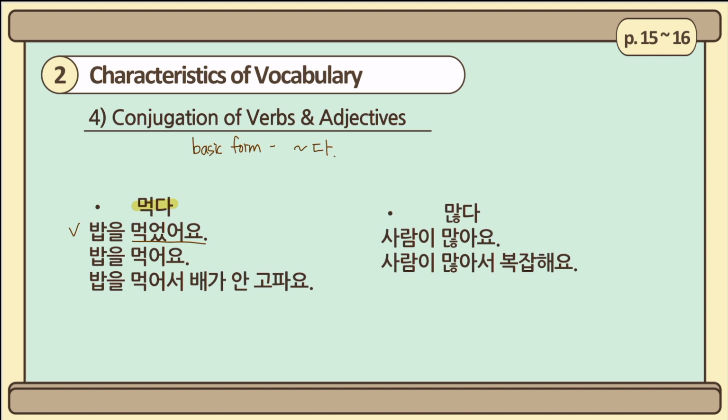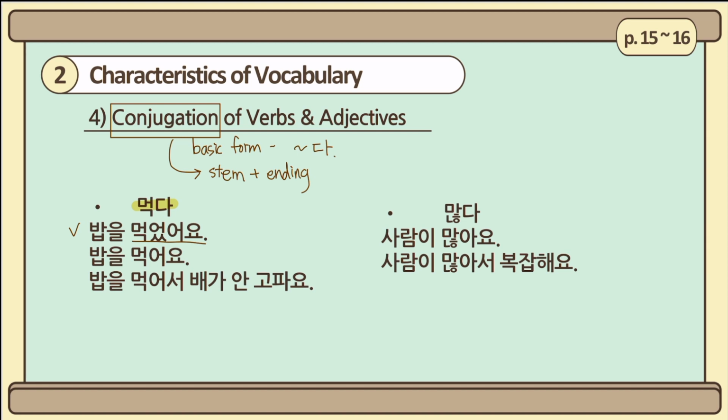In daily life, the basic form cannot be used as is, but must be conjugated first. Conjugation refers to the verb or adjective stem being combined with a connecting ending or final ending.